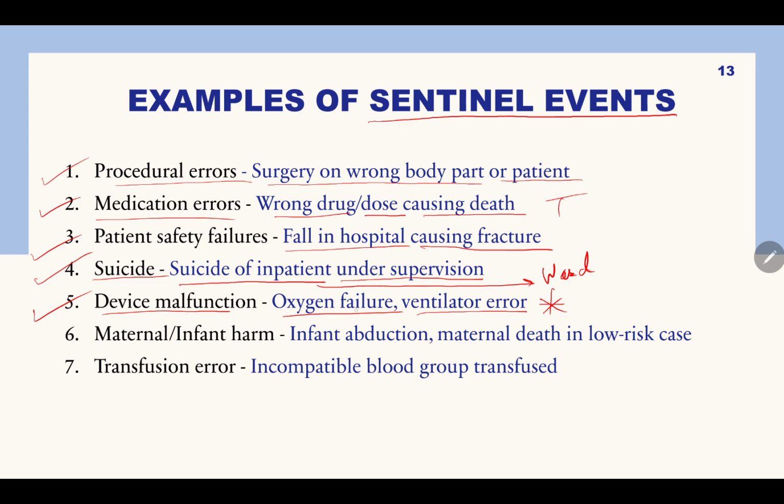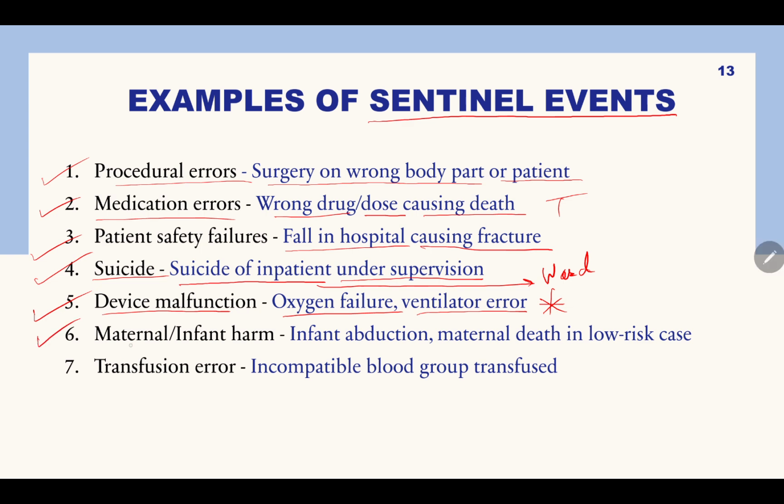Similarly goes with oxygen failure. There might not be enough oxygen cylinders present in the hospital. Hospitals have had oxygen pipelines for a long time, but if there is a fault in those pipes, it might cause oxygen failure and lead to device malfunction.